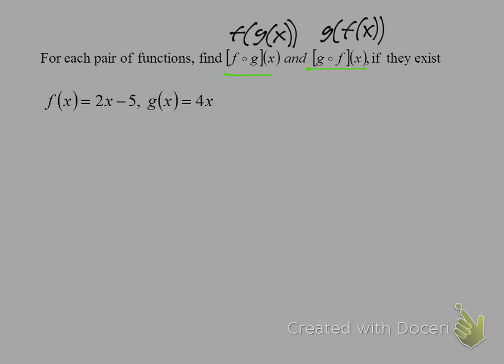Okay, everybody okay still? So they tell us that f of x equals 2x minus 5, and g of x equals 4x. The first one they want us to find is f of g of x.